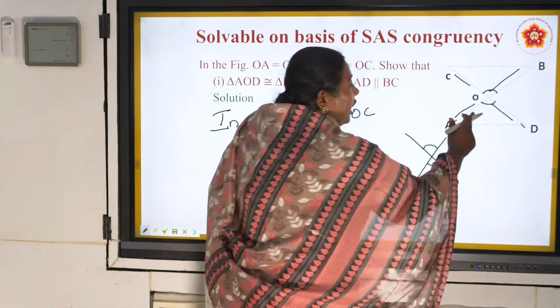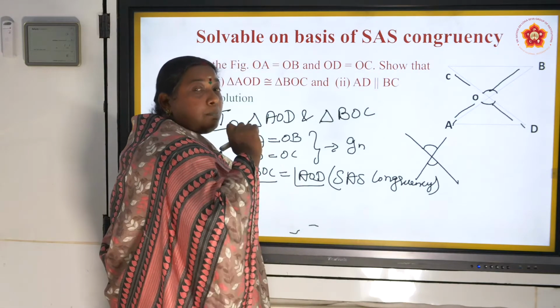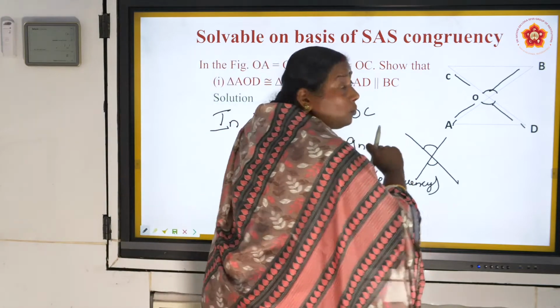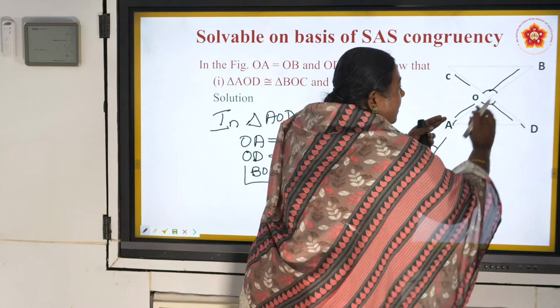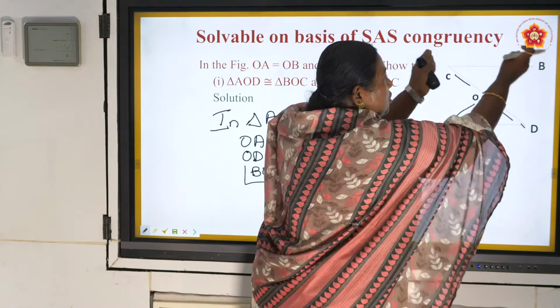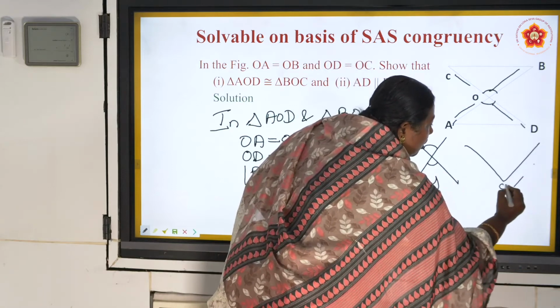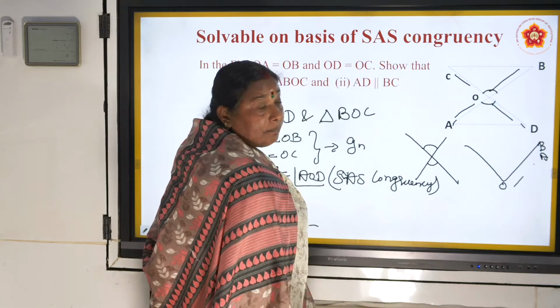That means if these two triangles are congruent, then their corresponding angles will be equal. So how can I tell? See, AO is equal to OB. Pick it up and superimpose it. So it will be OBA, both will be the same.